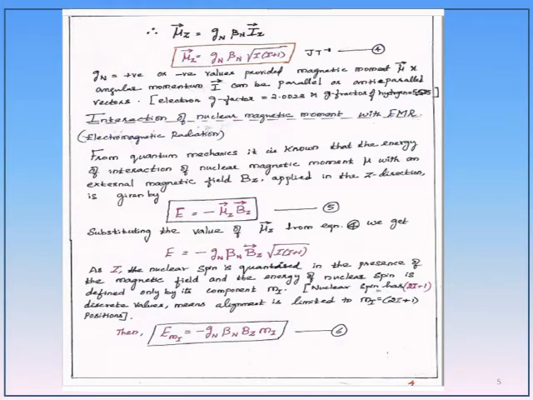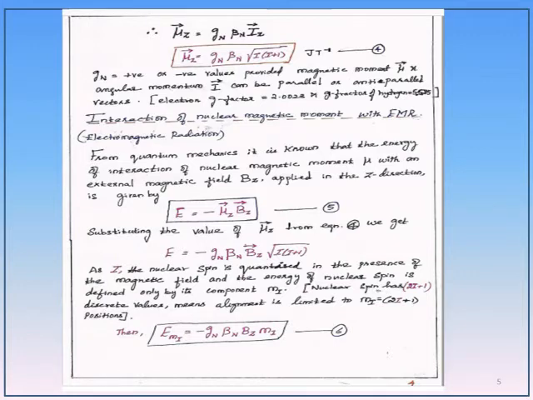These are vector quantities. Substituting the value of mu z from equation 4, we get the energy value equivalent to minus Gn beta n Bz square root of I into I plus 1.